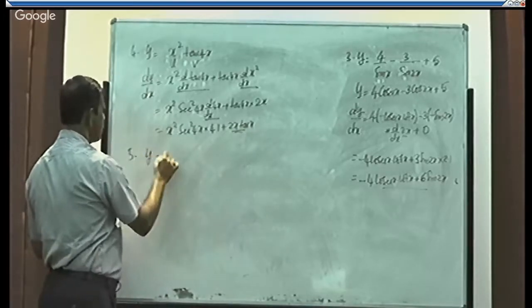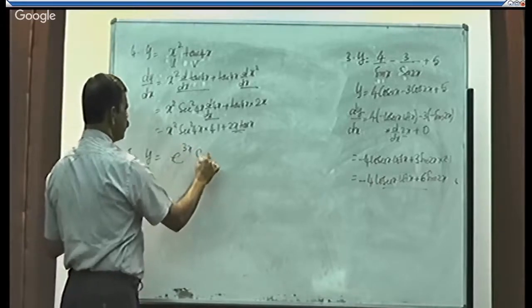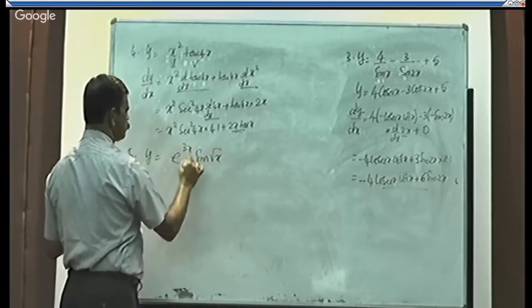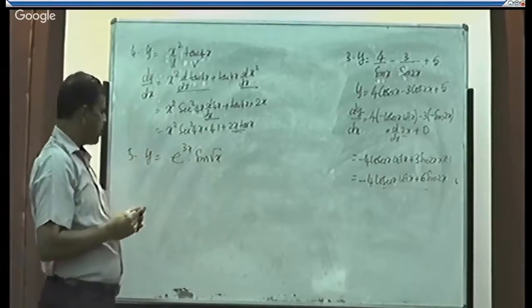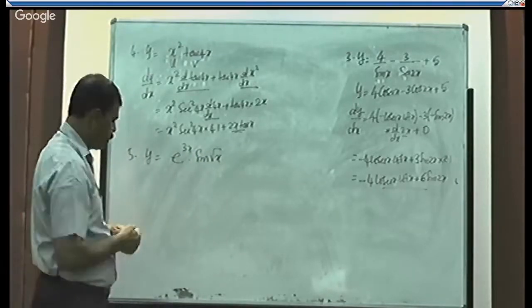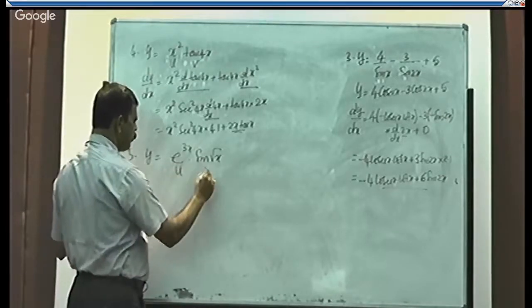Y is equal to e to the power of 3x into sine root x. Both the terms are of function of a function form. Basically, it is of u into v form.